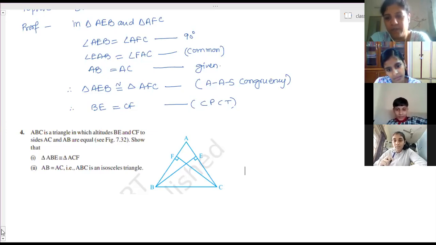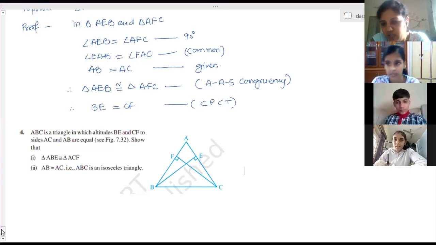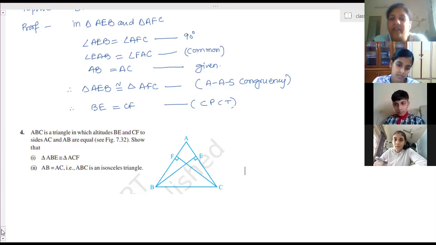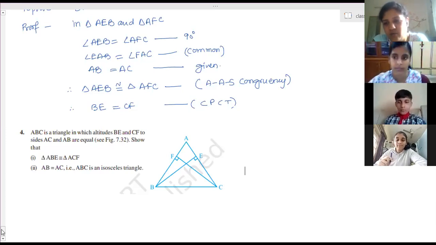Ma'am, the lower one also? Yes, triangles BEC and BFC. In that, BE is equal to CF, and you can use RHS criteria. Then you have to prove it by RHS congruency. SAS won't work, or ASA won't work.